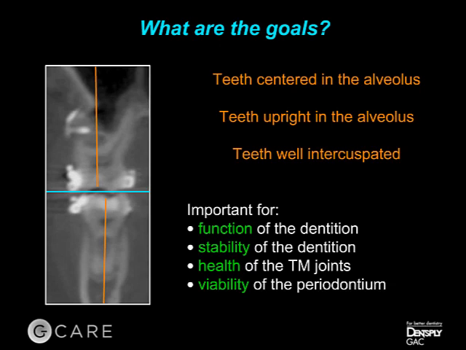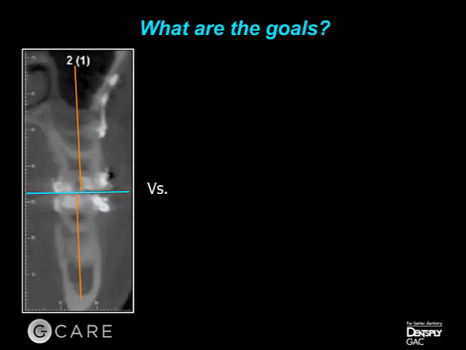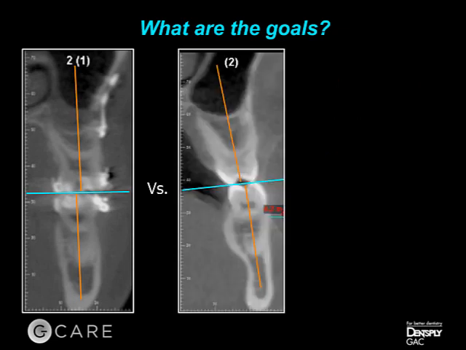Now, we're not going to be able to get into all of those today, but thinking about global objectives for why we're trying to do this, these would be my four reasons for why I'm looking to get the transverse normalized. So when we look at a situation like that, and we compare it to one such as this, which is a very common presentation for many of our patients.